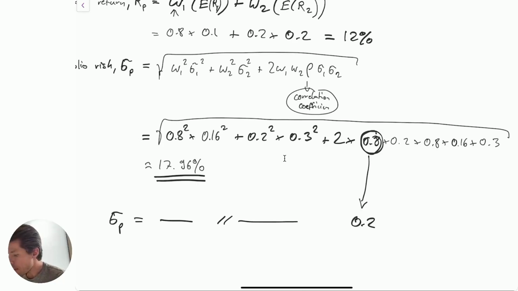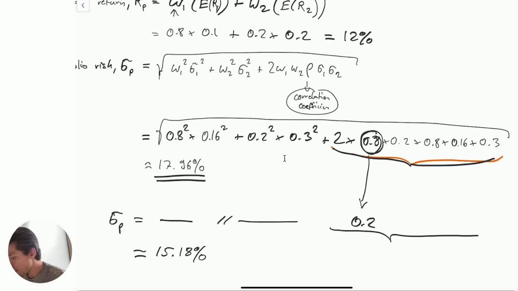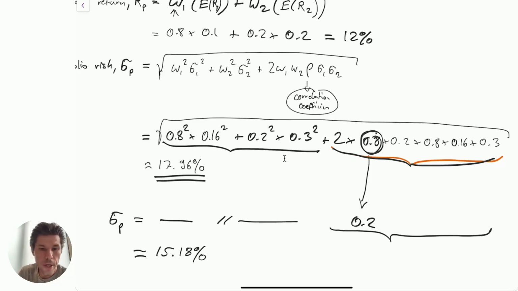So if we type in the same numbers plus 0.2 instead, then basically this part here will be a bit lower than when we used 0.8, which means our standard deviation in this example is 15.18%, because this part here under the new scenario with 0.2 is lower than what we had before. This one here is exactly the same as before because you're not using our correlation coefficient.